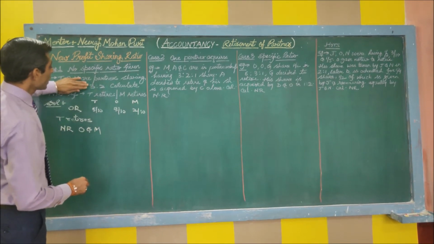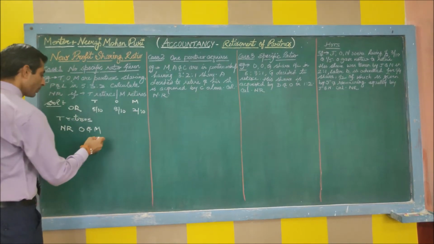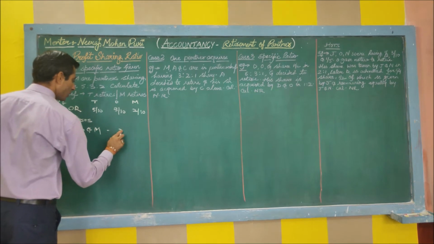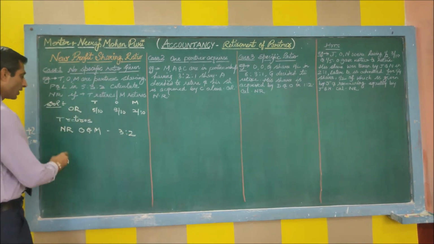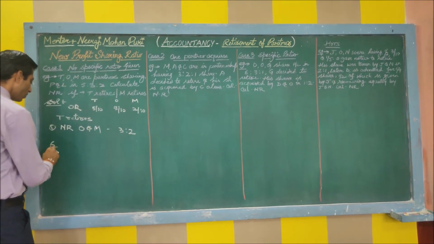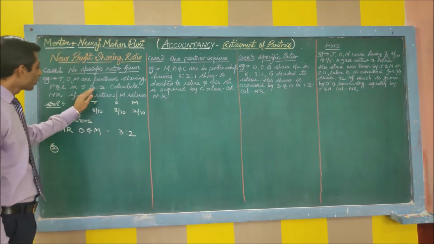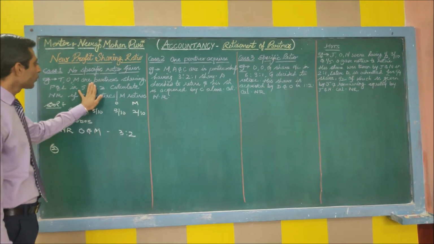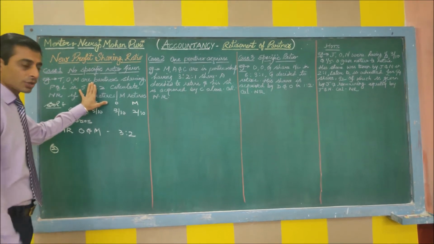When this first partner has retired, whatever is left out is their new ratio. Simple and easy, 3:2. Alternative case, this was situation 1. In situation 2, if we take that O retires, so cover O, what is left is 5:2. So 5:2 will be our new ratio.